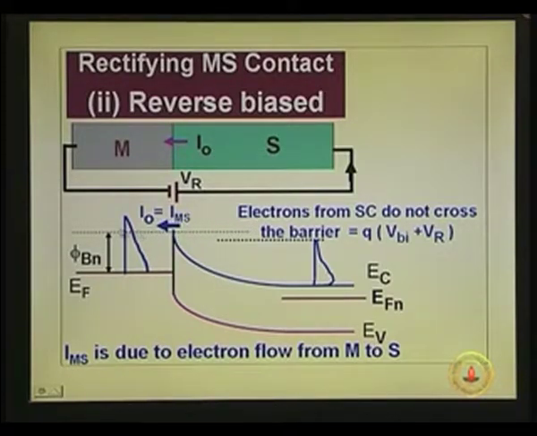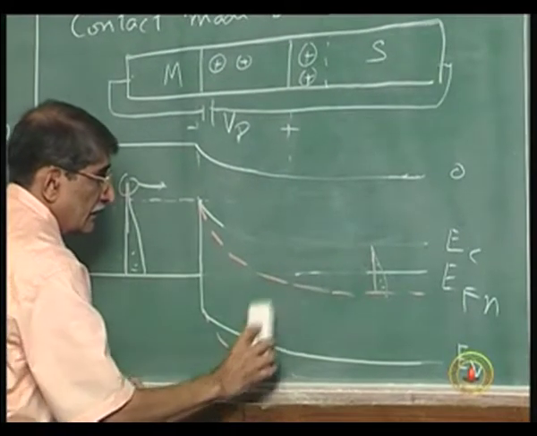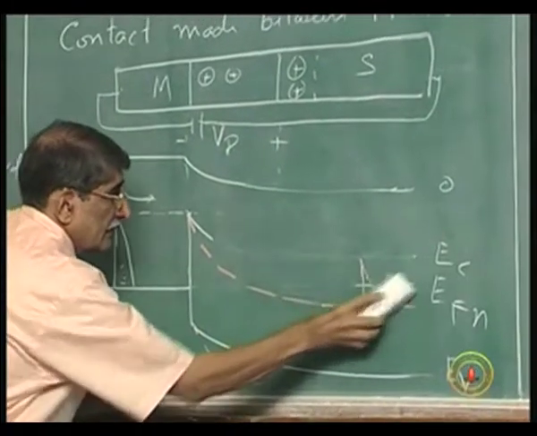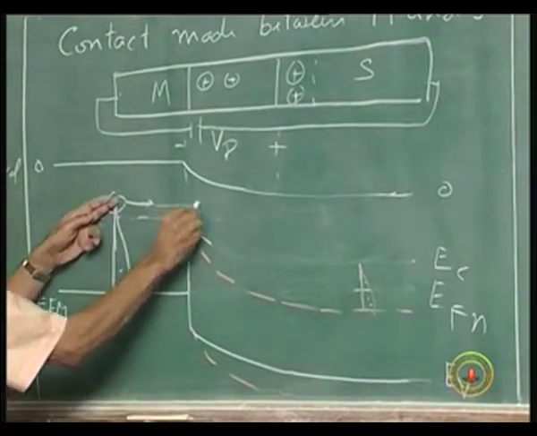On the left hand side, whatever was above that originally has not changed. On the right hand side, originally it was coming right up to this point, above this; it has gone below. So the electrons from the right hand side are not able to cross. When you reverse bias, the current is due to whatever was above that. So this has gone, and that is the picture. Only these are giving rise to current flow.